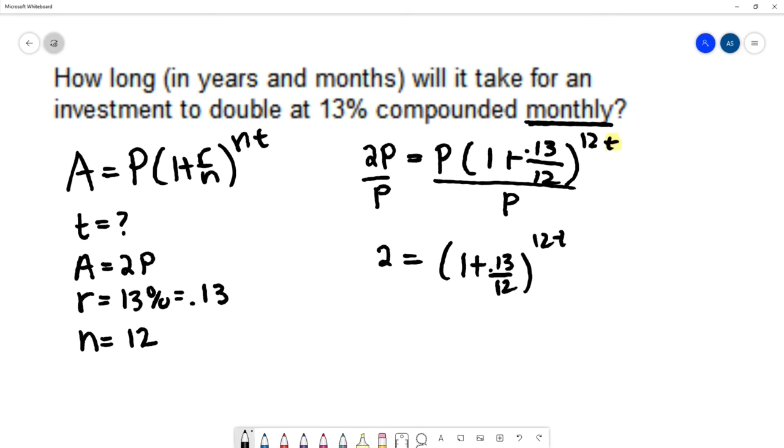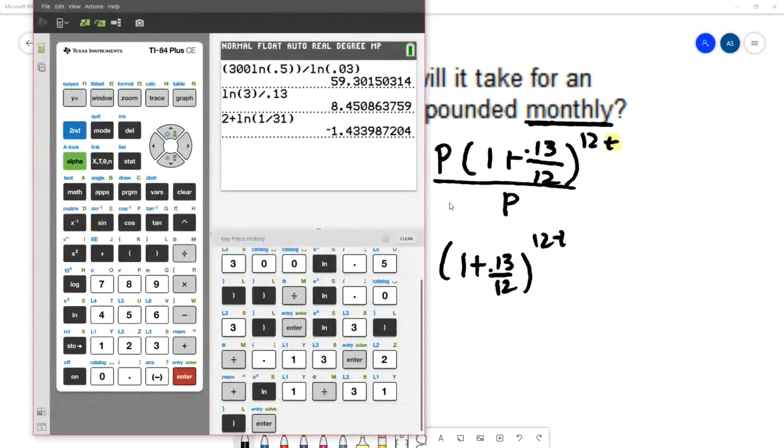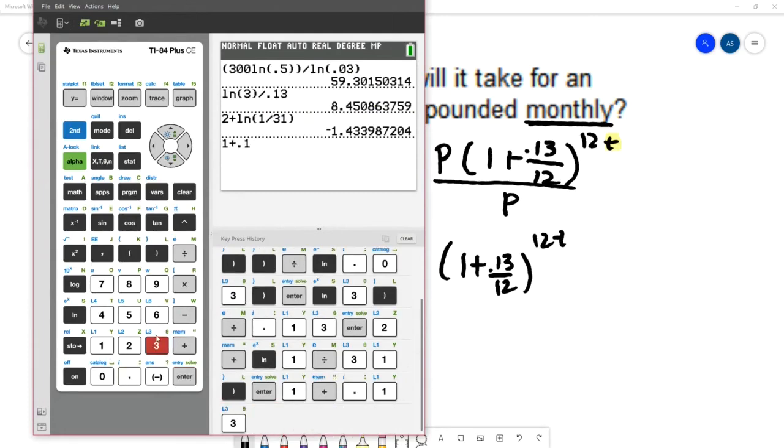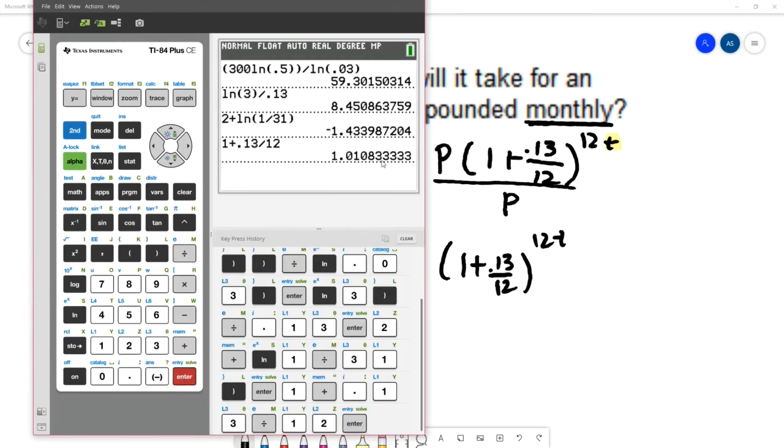Let's go ahead and put in our calculator 1 plus 0.13 over 12. Well, that's not a very clean number. You can see how the 3's are repeating. So we don't have a terminating decimal here. The reason why I'm concerned about this is because it might cause some rounding issues later.